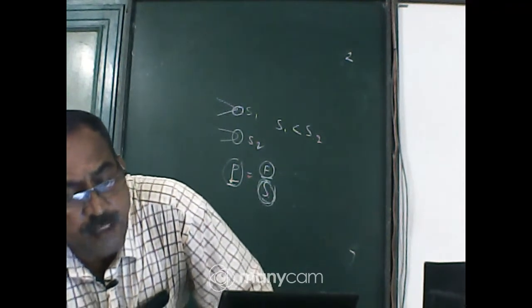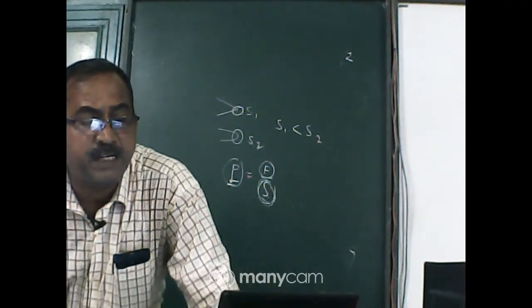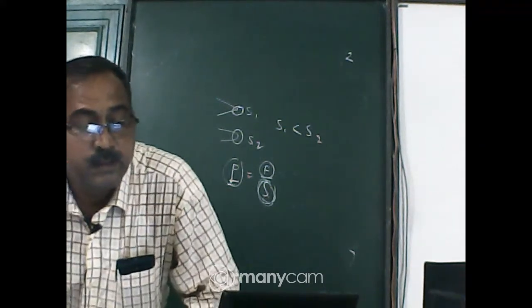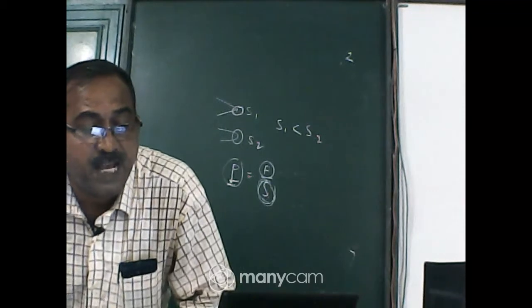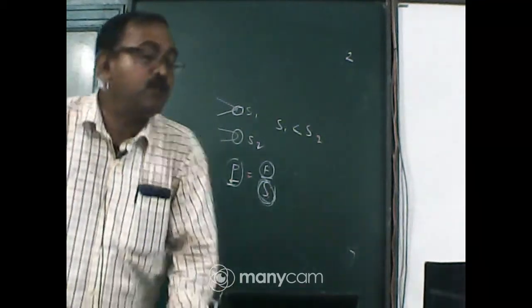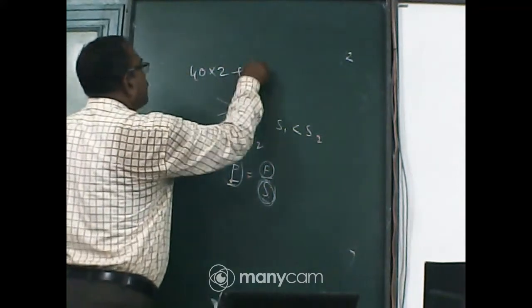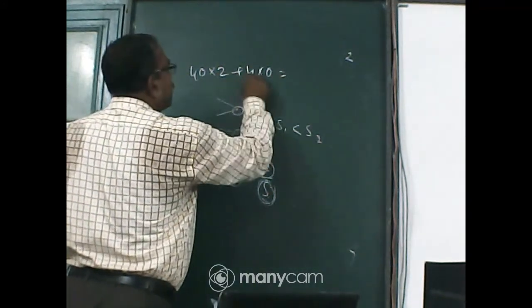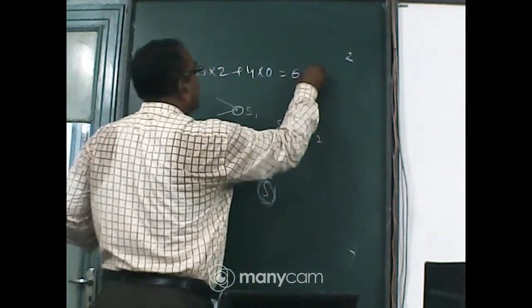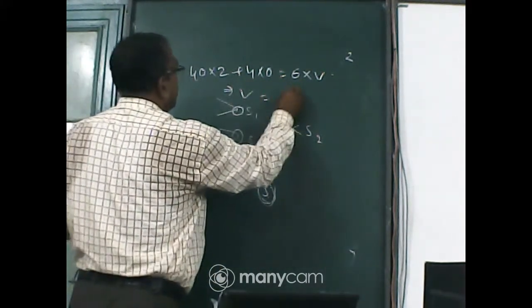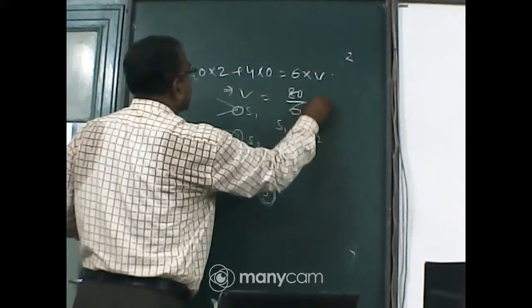According to the conservation of momentum, you put it. First the cart is at rest. 40 into 2 plus 4 into 0 equals 40 plus 4, means 44 into V. So the velocity will be 80 by 44 meter per second.